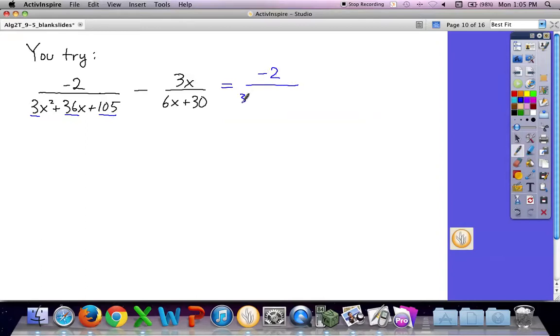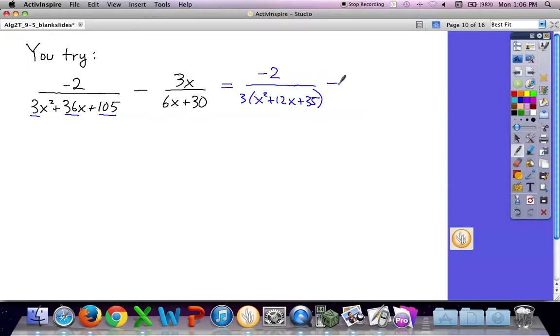-2 divided by 3 times x squared plus 12x plus, and 105 divided by 3 is 35. If you don't believe me, put it in your calculator.